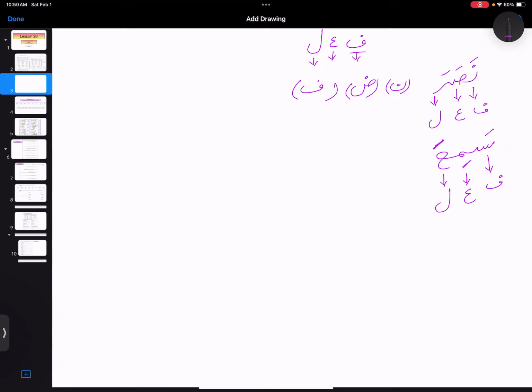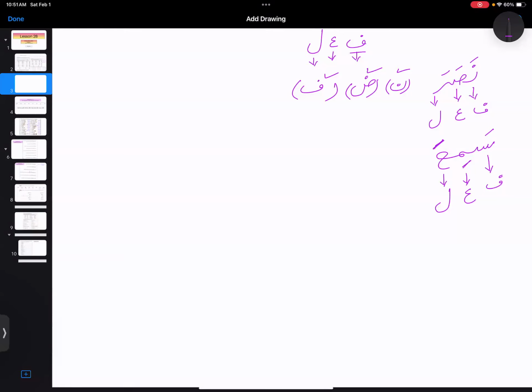Three options. When I see these three fathas, there are three options that this verb can belong to: either Bab Nasara or Bab Daraba or Bab Fataha. I have three options, and then I can check the dictionary and see which bab it belongs to.